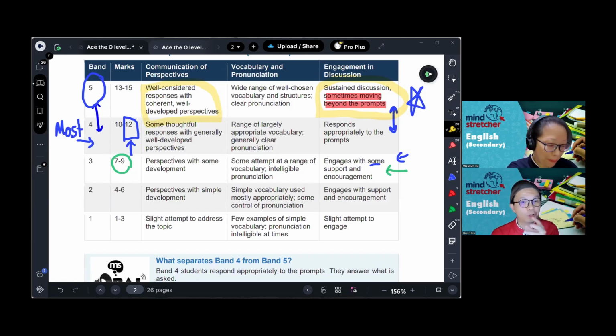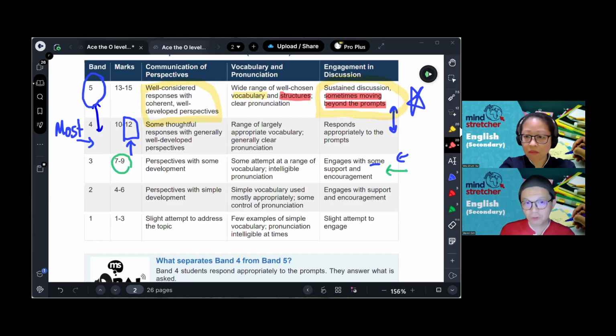It needs to be coherent, meaning the audience can understand what's being said. It needs to be well developed, so there are examples. I need to provide you with vocabulary, and as usual, the structures and the pronunciation need to be clear. Nowhere does it say that you need to have perfect grammar. Do you understand? But it needs to be clear enough that people will understand what you are saying.